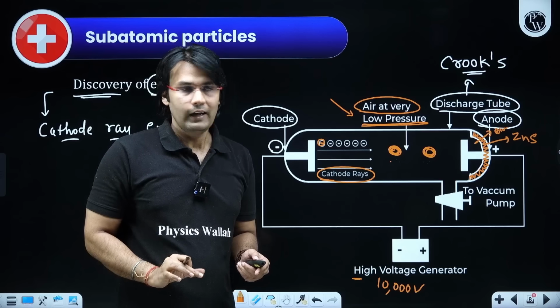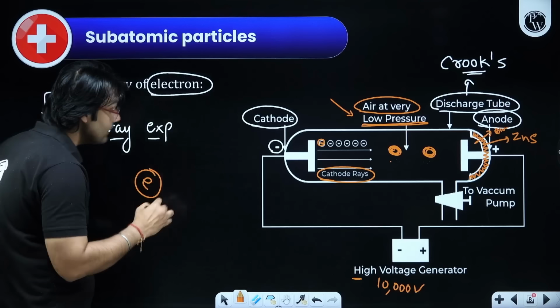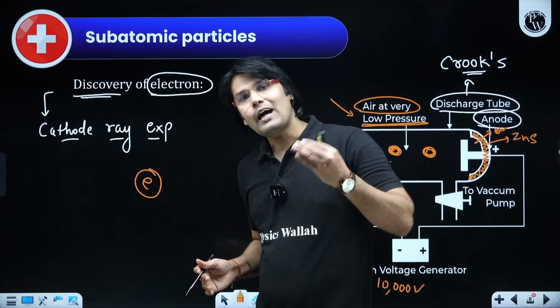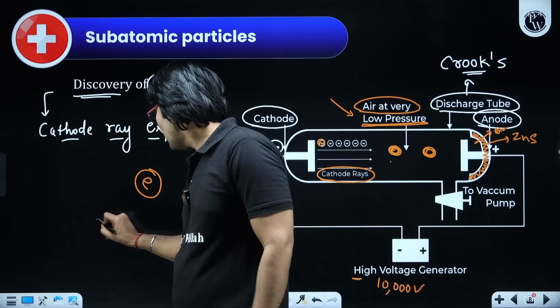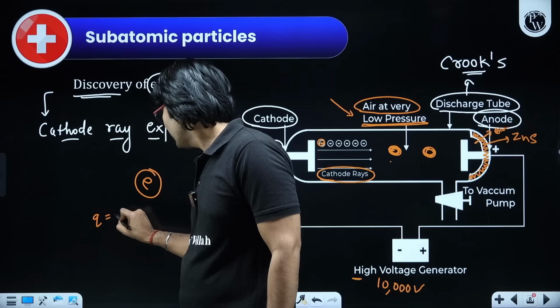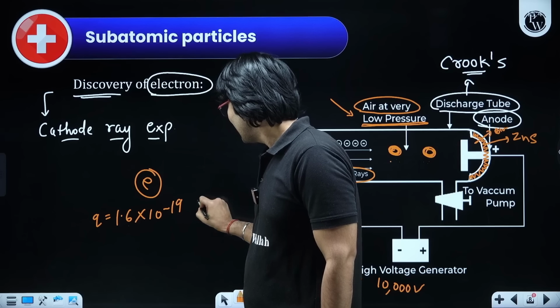Electron. And of course, I hope you should know and you should always remember some of the properties of electron throughout the chapter. At least the mass and charge value of electron you should remember, right? The charge of electron is how much? The charge of one electron is 1.6 × 10^-19 coulomb.